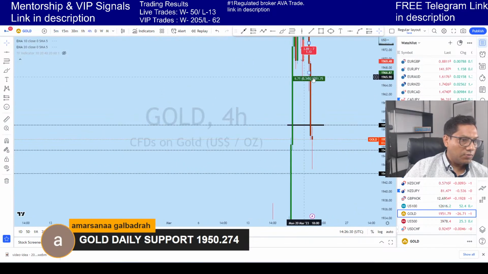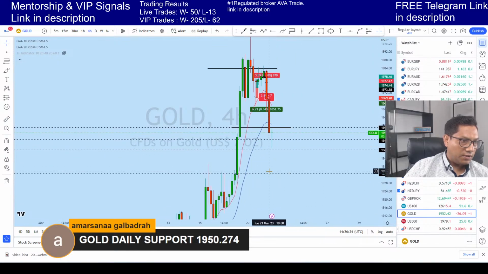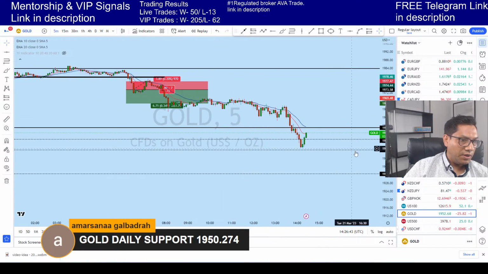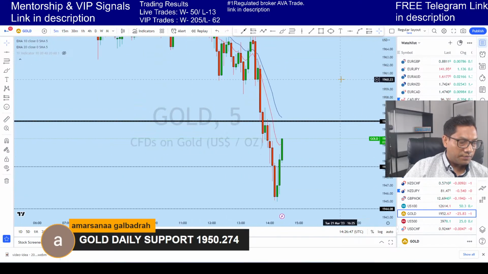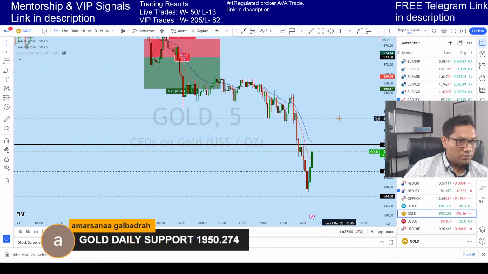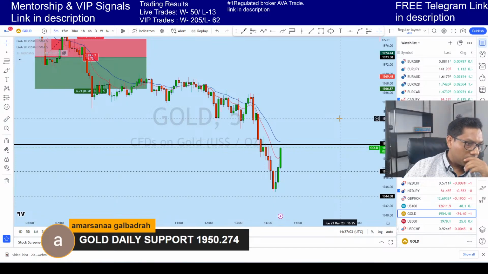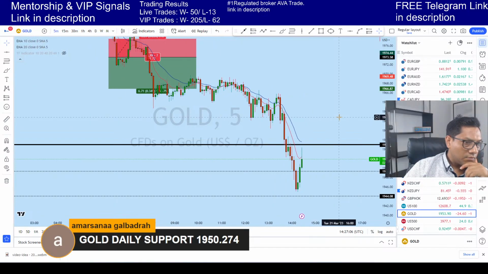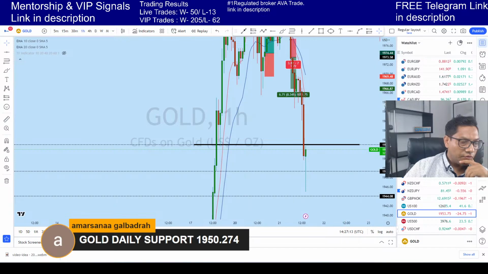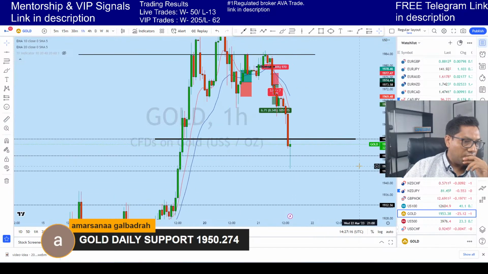So the market has already come to a level where it grabbed liquidity from the support zone here and could now be trying to reverse. Let's see what's happening on the lower time frame. Okay, so from the 1 hour we see a sharp reaction from the bottom.